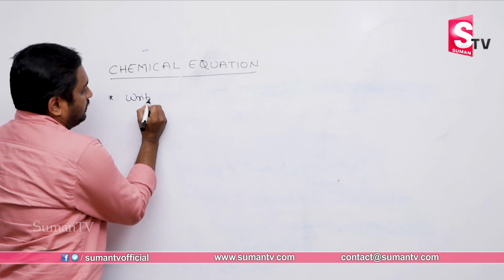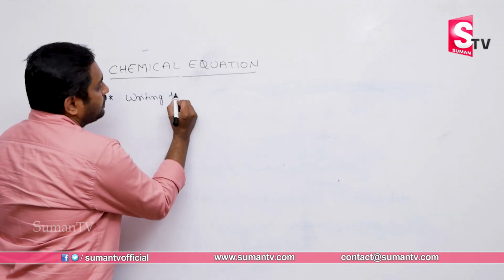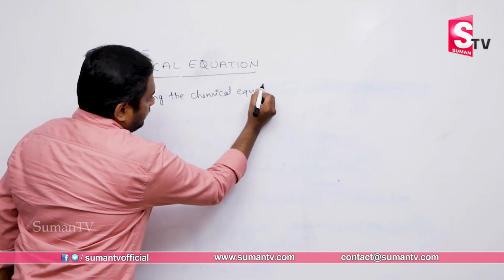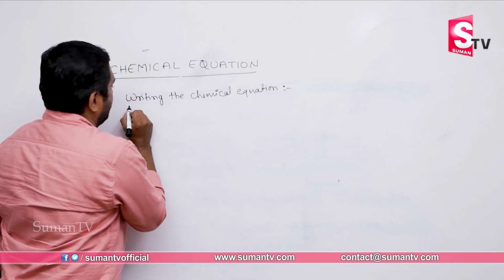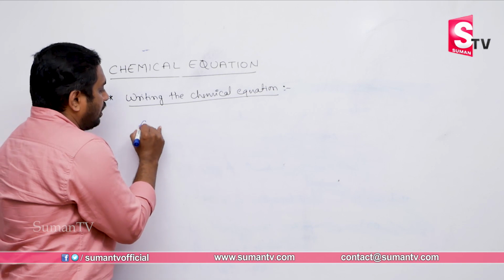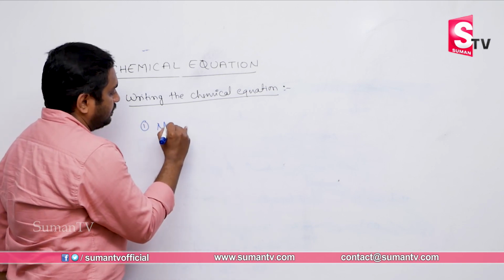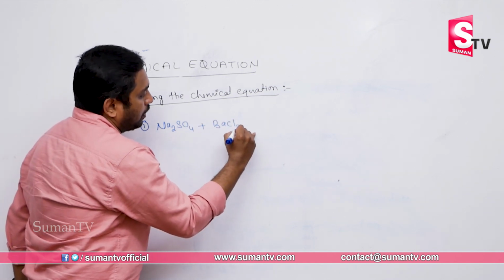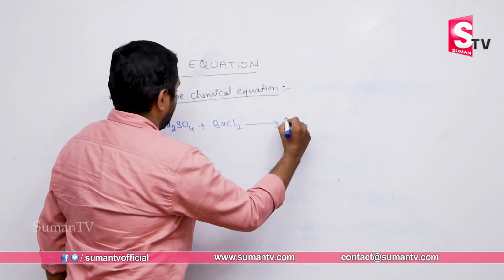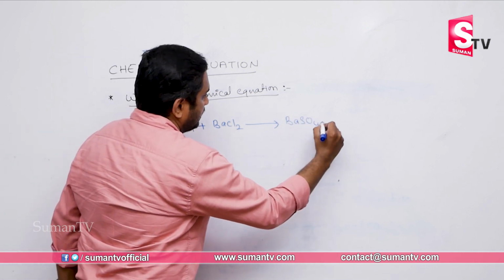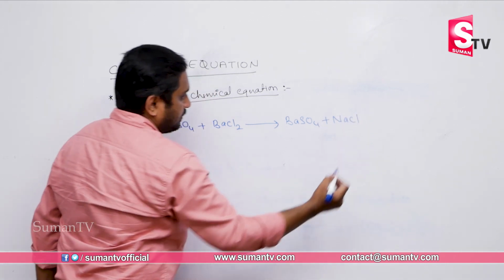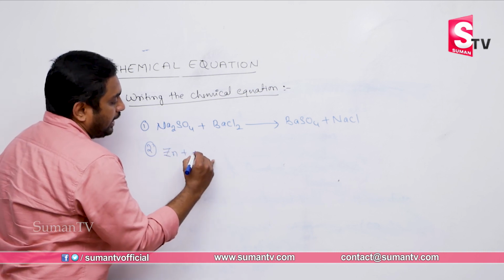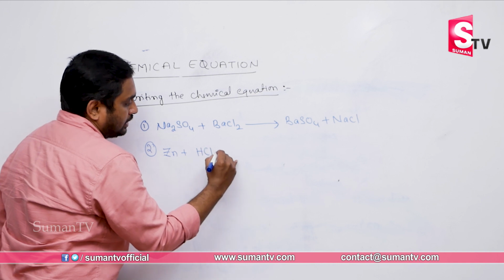Writing the chemical equation. First one: sodium sulfate reacts with barium chloride. It gives barium sulfate plus sodium chloride. Second reaction: zinc reacts with hydrochloric acid.